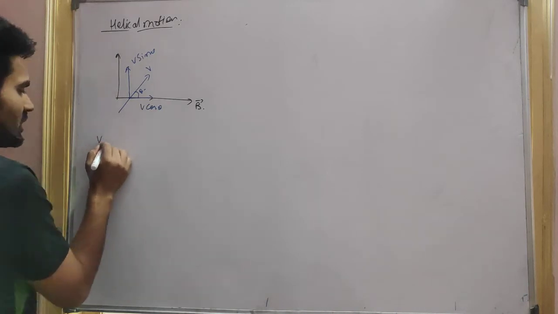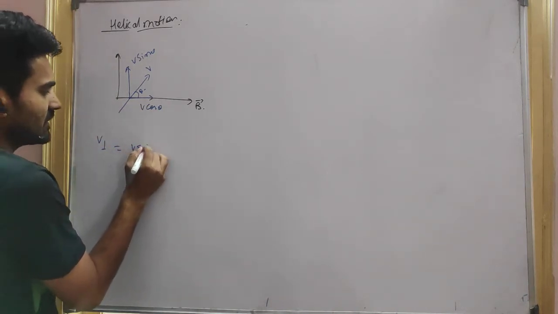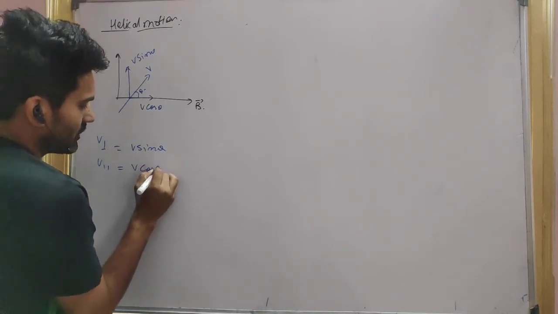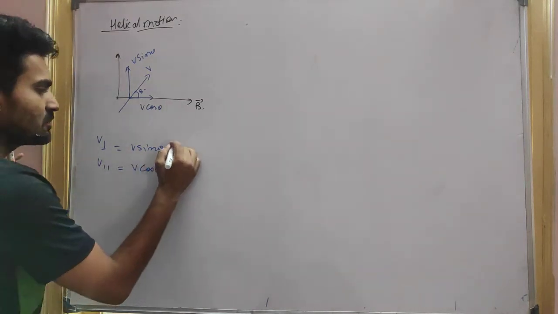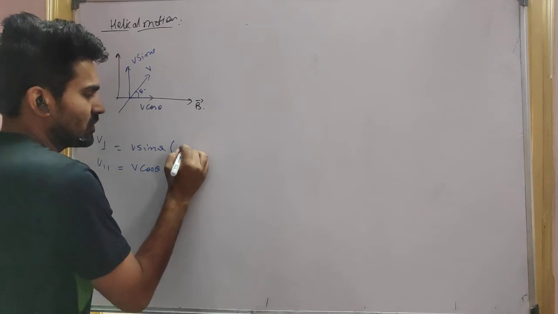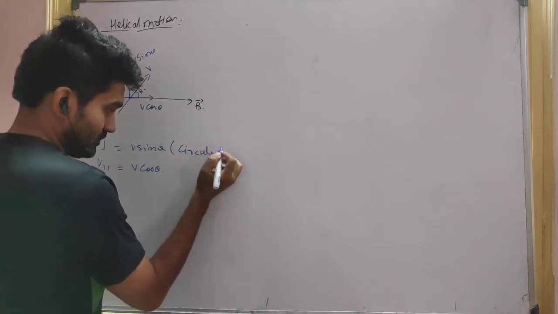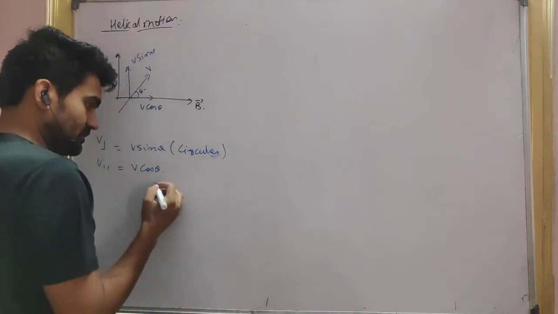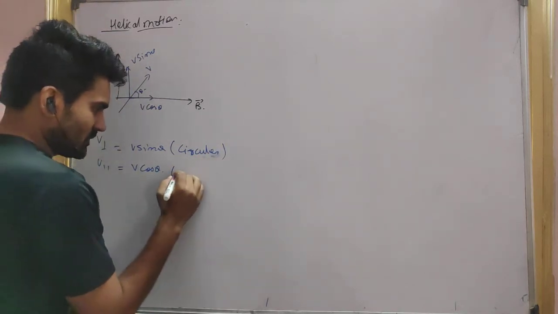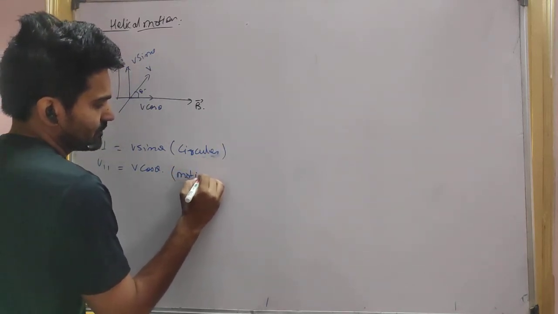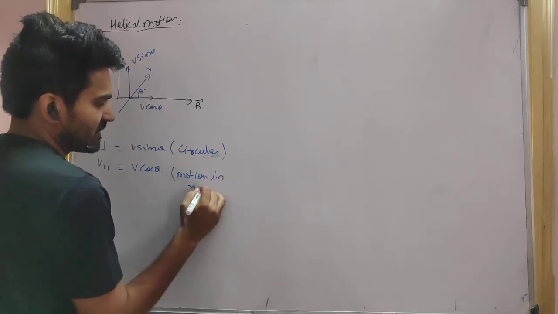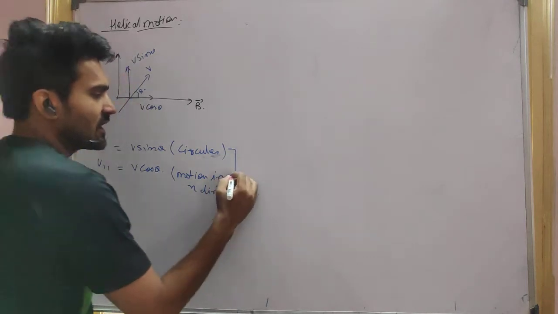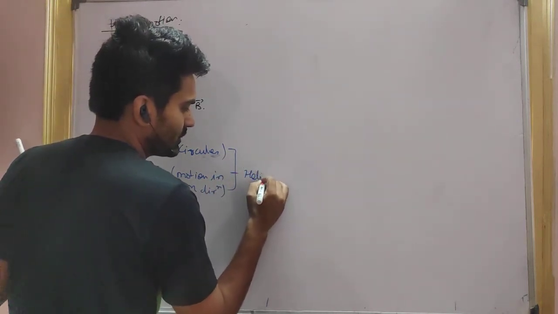This V perpendicular is V sine theta and V parallel is V cos theta. V perpendicular is responsible for circular motion, and V parallel is for motion in the x direction. If you combine these two motions, you will get the helical motion, right?